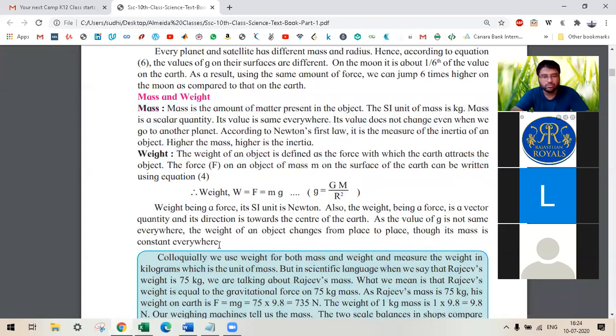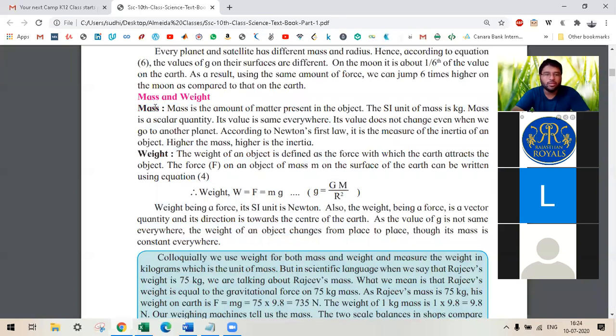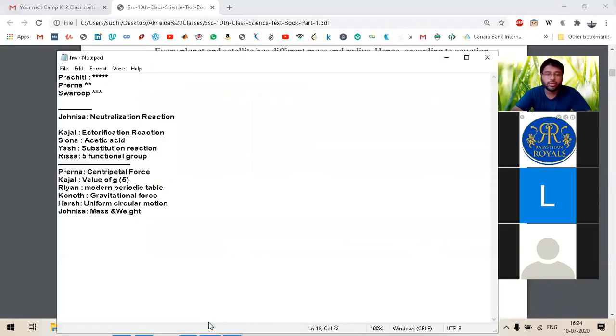I'm not talking about this table. You have to write from here till here, okay? But you can write it only 4 times, because it is too long. The main motive is to be ready with the answers when I ask you next time, okay, Jonisa?